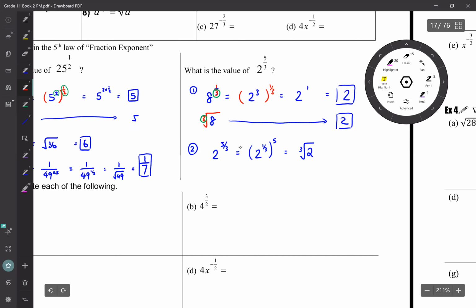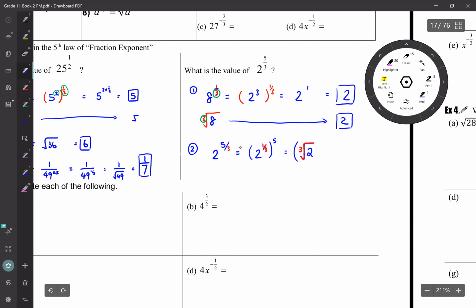Okay? So I'll use the red, right? Over 3, 1 over 3, 5 over 3. Okay? And then 1 over 3 becomes the cube root.